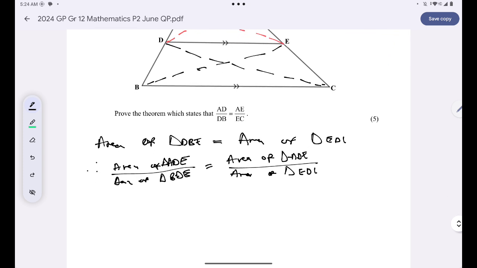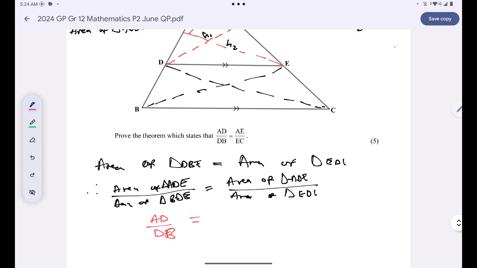Okay, but please remember that whenever we calculated the area of ADE over BDE, we found that AD over DB is equal to that. And then on the other side, we found this is equal to AE over EC.